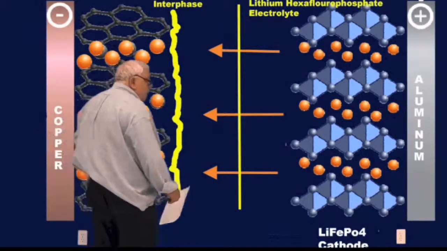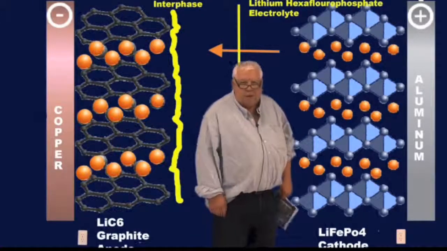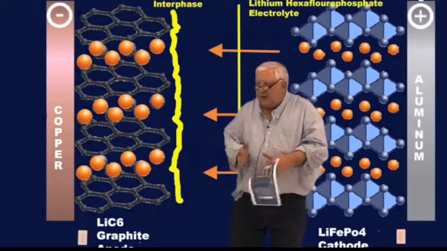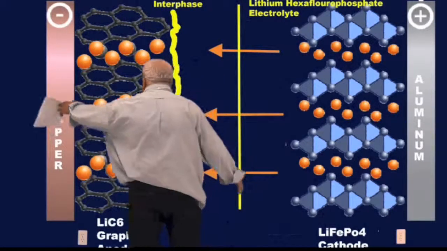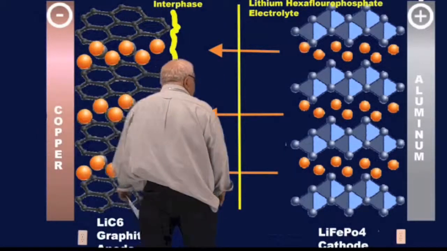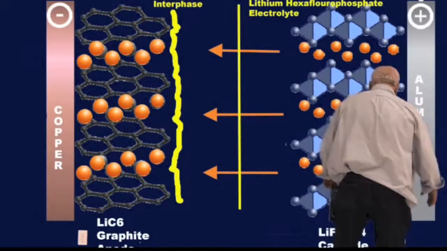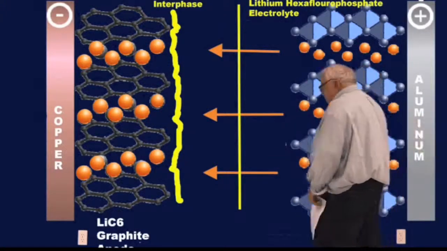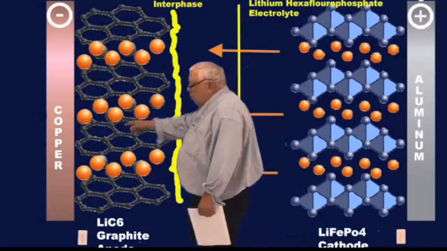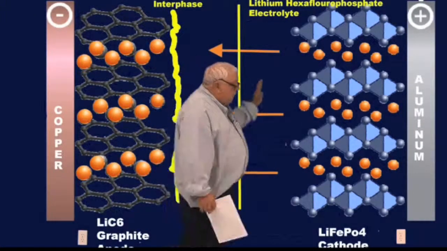And they go out into our carbon and establish essentially a negative charge. And as you know, that static charge is capacitors. We have then set up a difference in potential between the copper collector and the aluminum collector, essentially making the aluminum more positive and the copper more negative, and that sets up a static field across that cell.